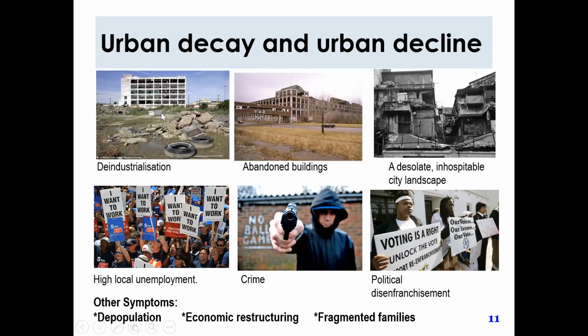So these are some symptoms of urban decay and decline. If you see this, okay, you can say that decay and decline have set in the city. So just look at this and think if you can see this in the city you are living in. So you have deindustrialization. Deindustrialization means the manufacturing industry has stopped operating in the area.